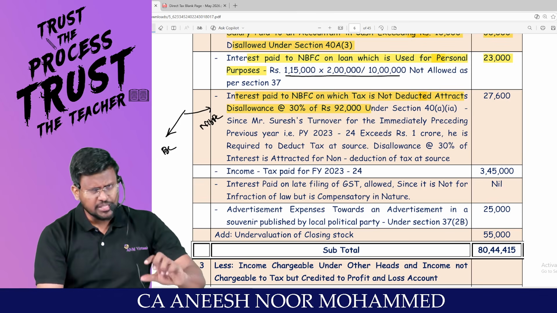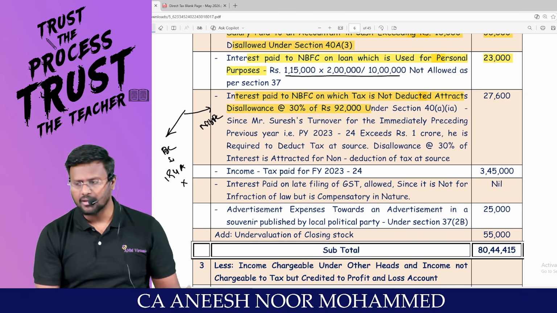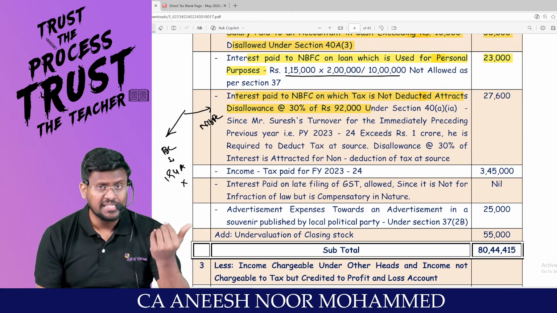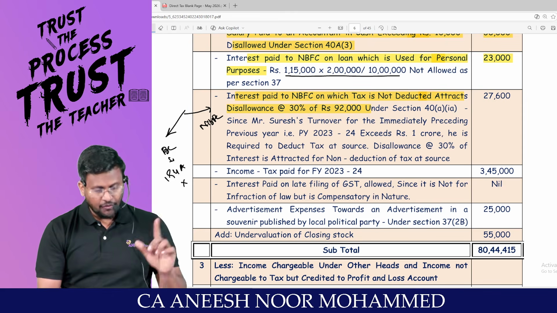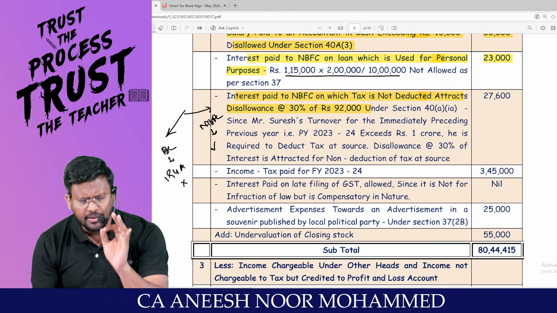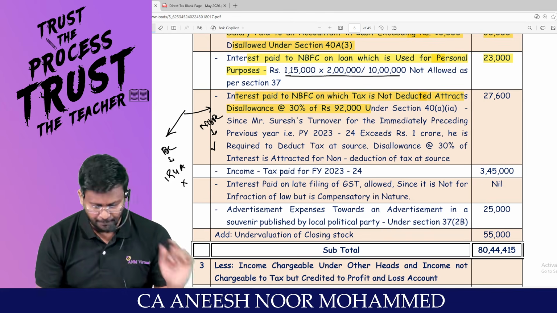If it is to a bank, then 194A is saying that you are not liable to deduct TDS. Even if no TDS has been deducted, disallowance provisions will not be applicable. Whereas if you are making payment to an NBFC, mandatorily TDS has to be deducted under section 194A.